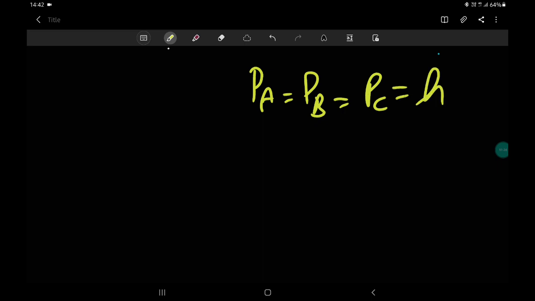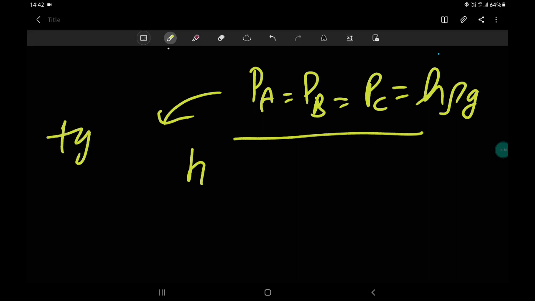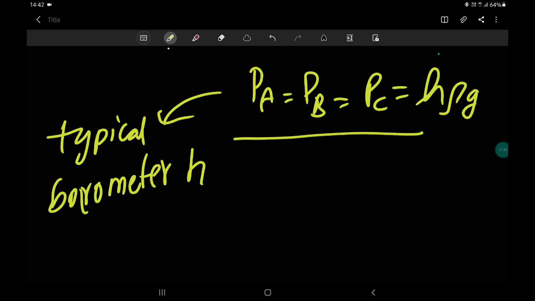So I have that pressure at A equals pressure at B equals pressure at C, that is H rho G. I have given you the height of mercury. In a typical barometer, where mercury is filled as the fluid, the height will be given as 76 centimeters of mercury.